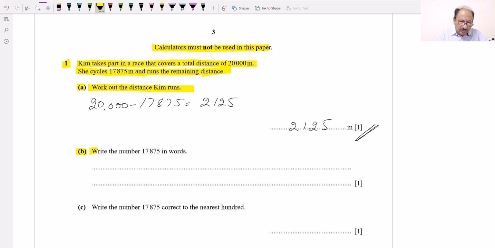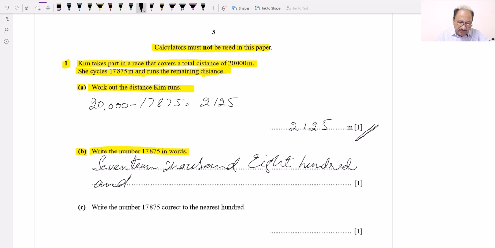Now B part, write this number in words, and this is 17,875. We can write the answer: seventeen thousand, eight hundred and seventy-five.